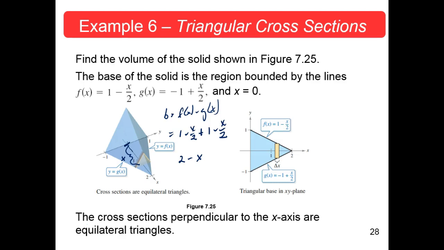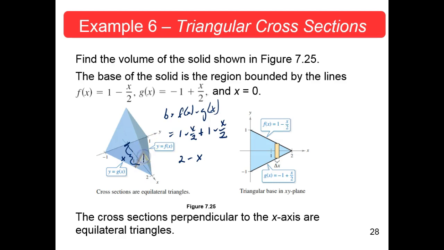Going from 2, which would be a 0 length here, back here, which is x equals 0, that would be a length of 2. So yeah, this is all making sense there. There is the base of every one of those equilateral triangles. The height of the equilateral triangle is going to be root 3 times half that base, I believe it is.